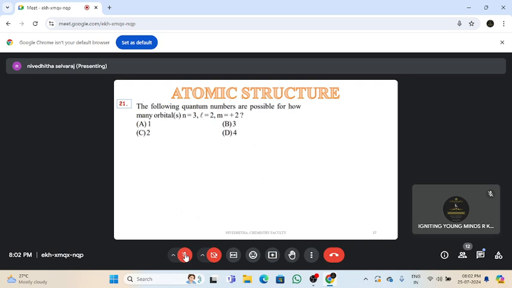The following quantum numbers are possible for how many orbitals? n is equal to 3, l is equal to 2, and m is equal to plus 2.